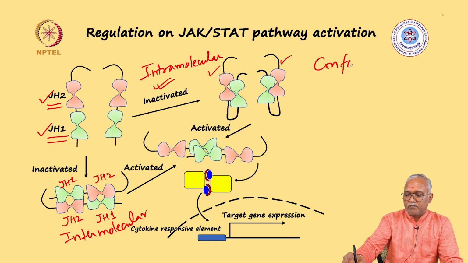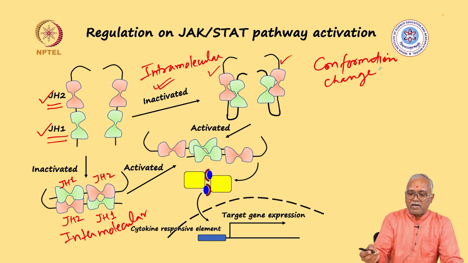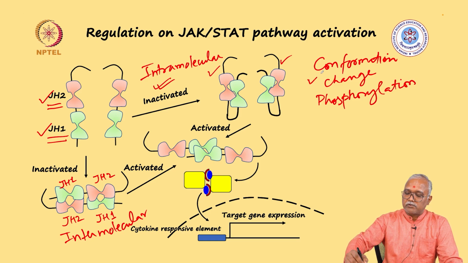Now, when the ligand binds to the receptor and there are events which happen with relation to conformation change, the JAK is activated and the phosphorylation happens on these domains. Phosphorylation will be initiated because of this conformational change.